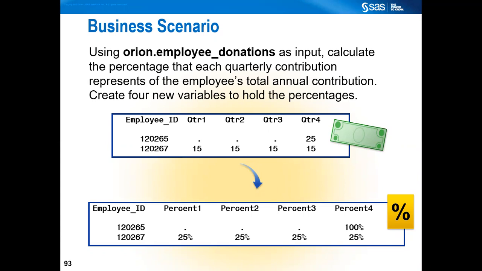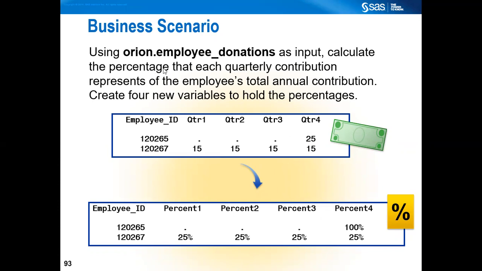So it's the annual contribution. That means for every 4 quarters, the contribution will be 25%, 25%, 25%, depending on this value, which is 15, 15 in the quarters. Now this person is not contributing in the first 3 quarters. Hence, the percentage in the last quarter is 100%. That is what is telling.